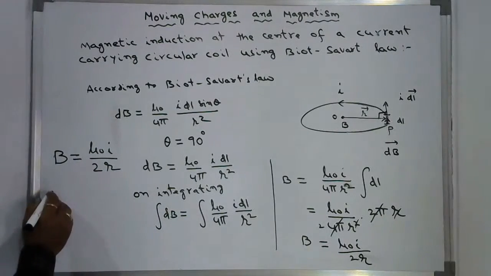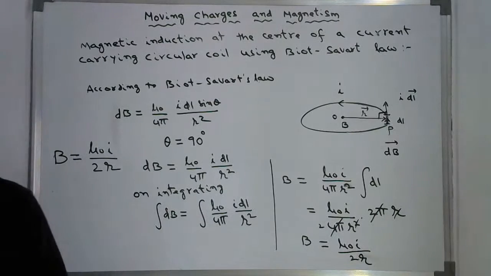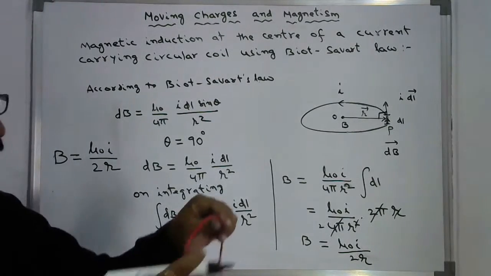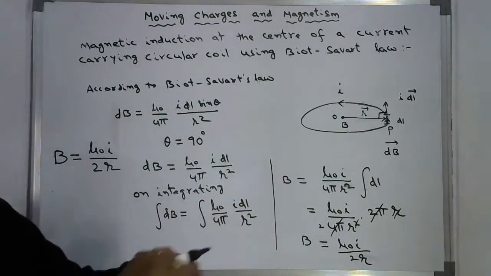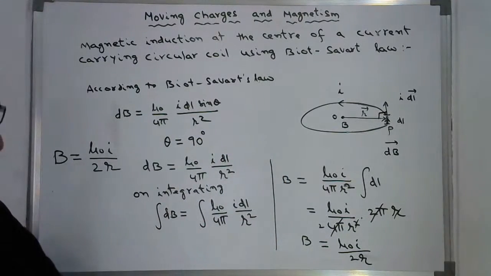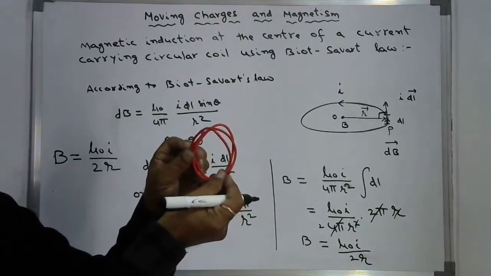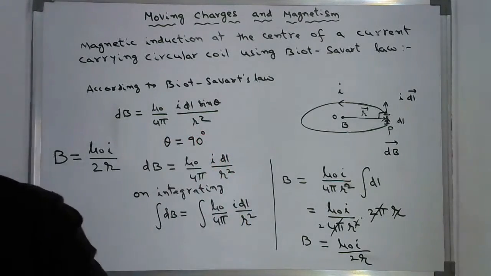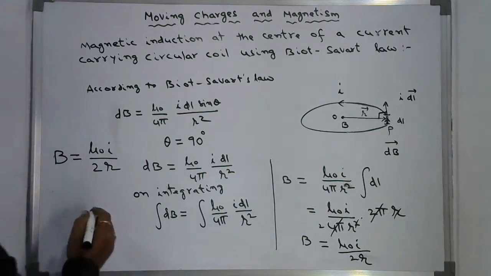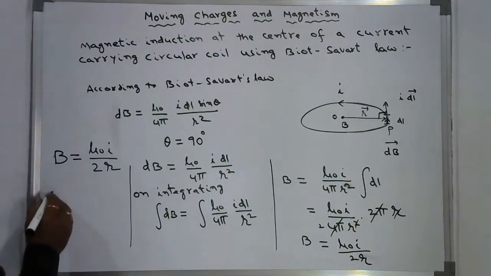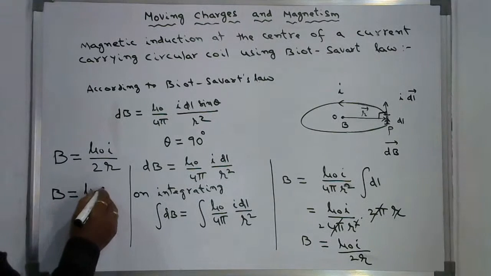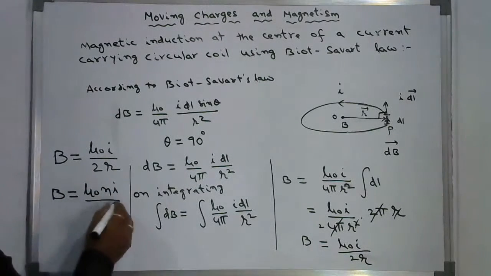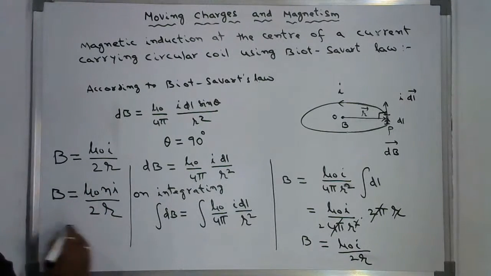We have considered only one circular coil, but if there are n turns like this, then we have to multiply this with n. So we get B is equal to mu naught N I by 2r for n turns.